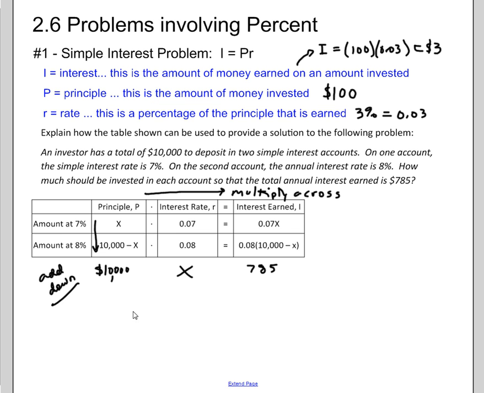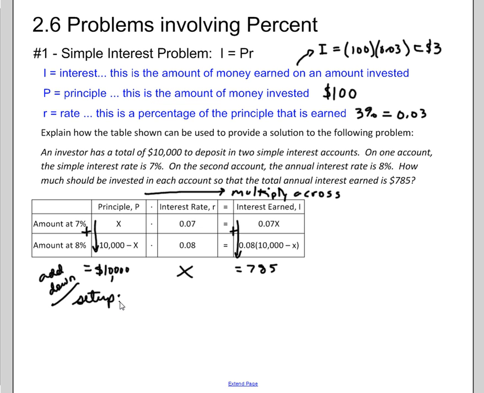So I'm now going to put this together. As we can add down our first column to get our $10,000, we can also add up our column for interest. If we add these two quantities, that's going to give us our total of $785, and that gives us our equation setup. The hardest part of any word problem for most students is the setup.